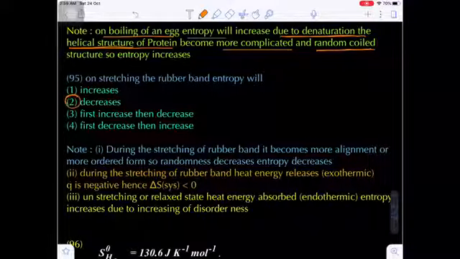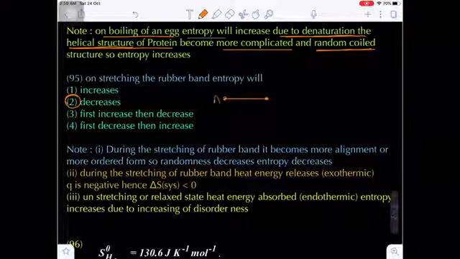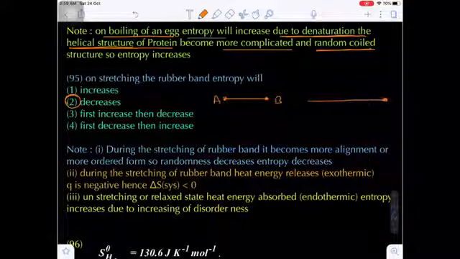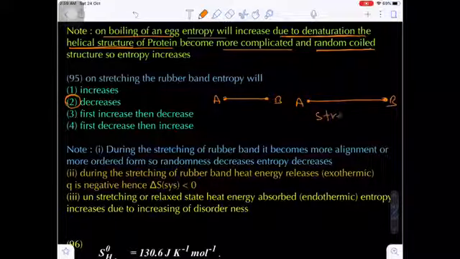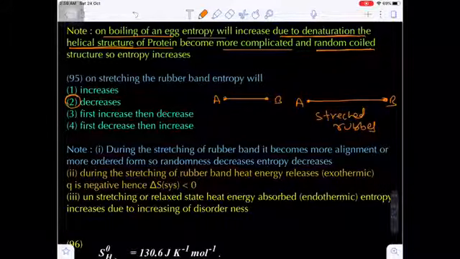On stretching the rubber, entropy value decreases, because let's suppose this is the rubber, with ends A and B. Now the rubber is stretched. When the rubber is stretched, what happens? Do you know?